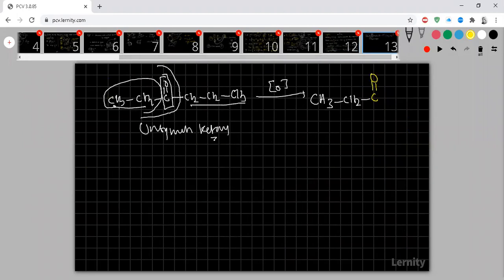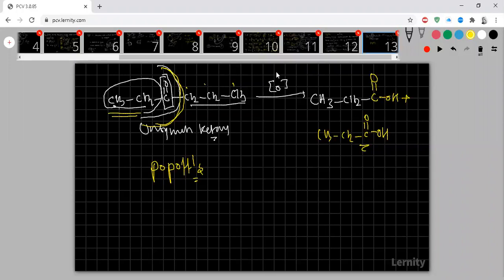So here, this will be taken to this smaller group OH, plus CH3, CH2, CH2, OH. Right? So this is Popoff's rule, which says that the C=O group must be taken with the smaller chain.